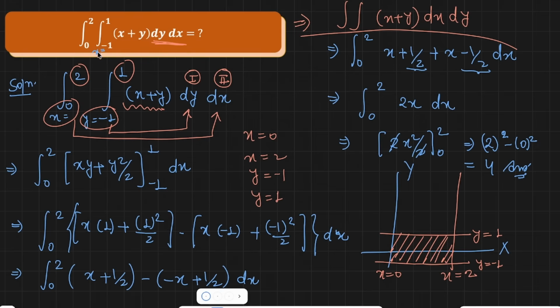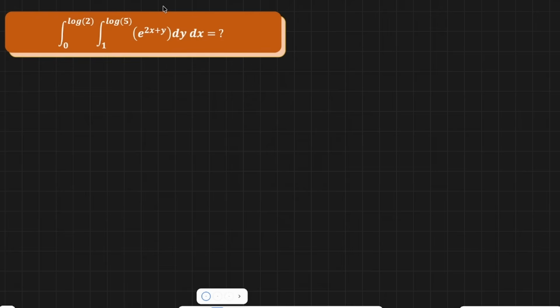This is the limit of x, this is the limit of y, then here I have to write 0 to 2, -1 to 1. It means if you are changing the variables, changing the dx dy, then the limit will also change. This is called order of change of integrals, that we will see in the next section. Okay, now come to this, how to solve this integral.